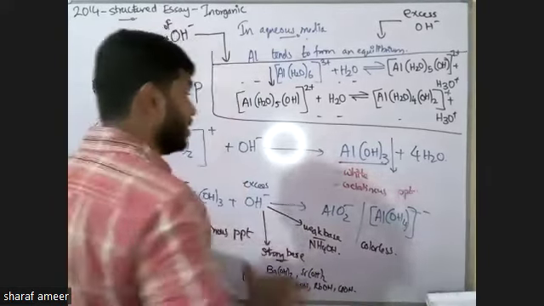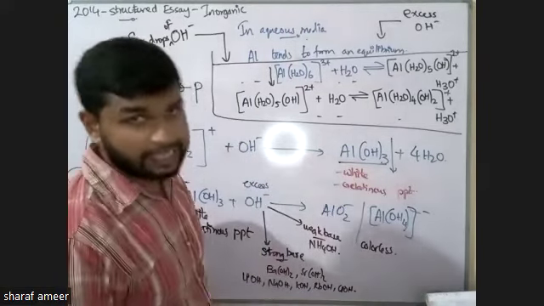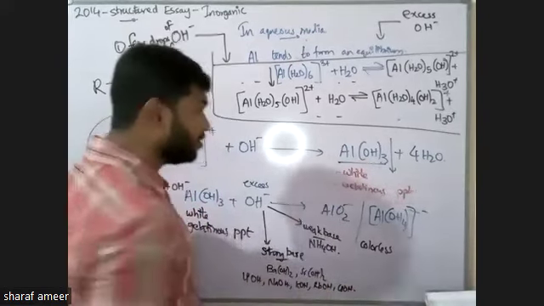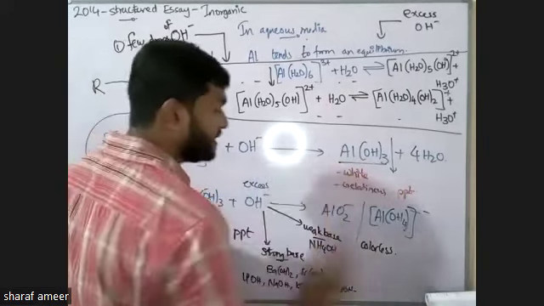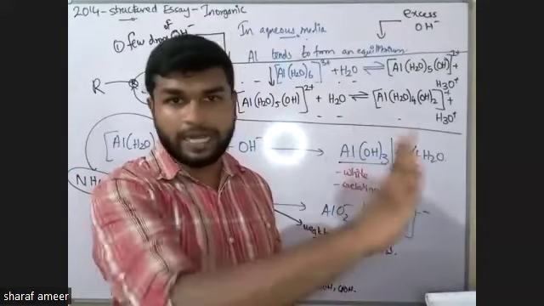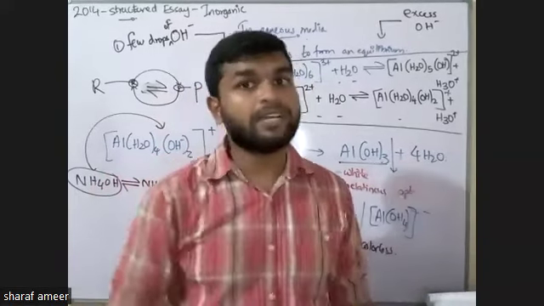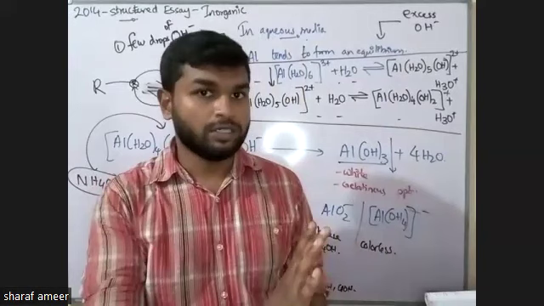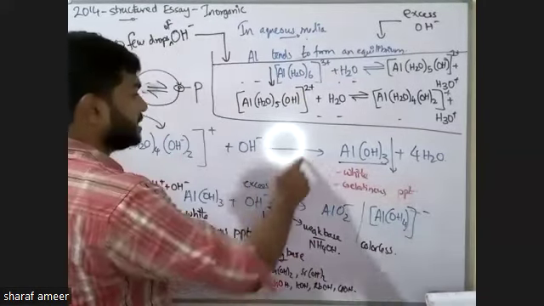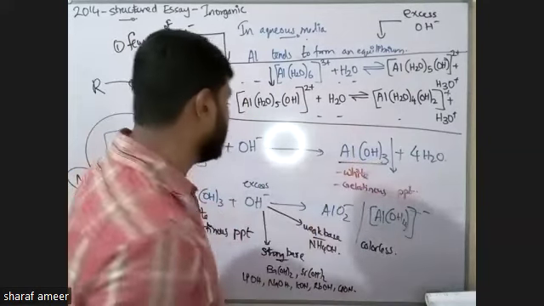But if you add excess ammonium hydroxide, you will see only this color. You will never see an observation where this white precipitate dissolves with excess ammonium hydroxide, because this is a weak base. Even if you add an excess amount, you cannot completely dissolve it.